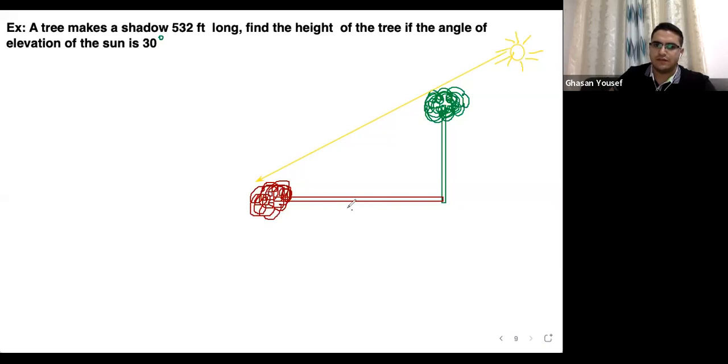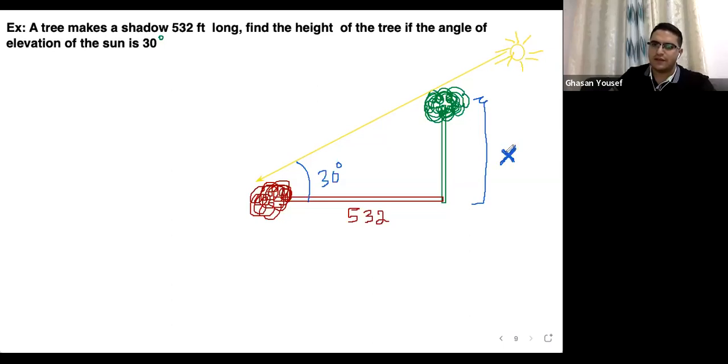It is 532 feet. And the angle is 30. So the 30 here, this is 30 degrees. My question is, find the value for the length of the tree, x. Find the value of x.